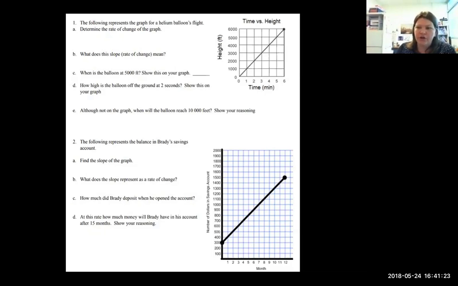And one thing you should know is that as mathematicians, we almost always use the x-axis, the horizontal axis, to represent the independent variable. So this down here, the time, is our independent variable.